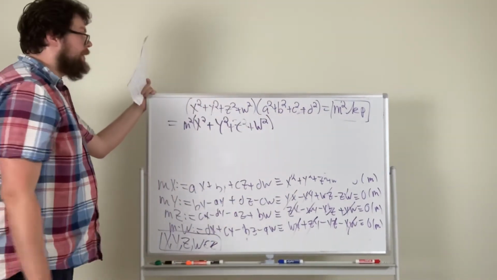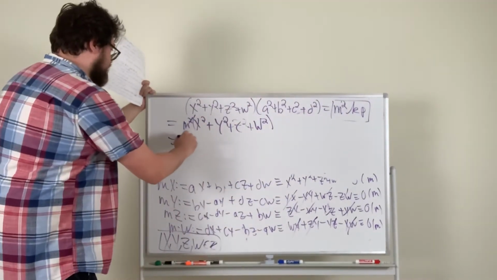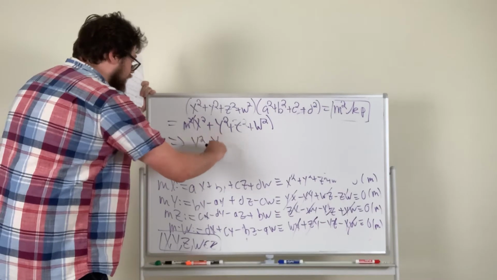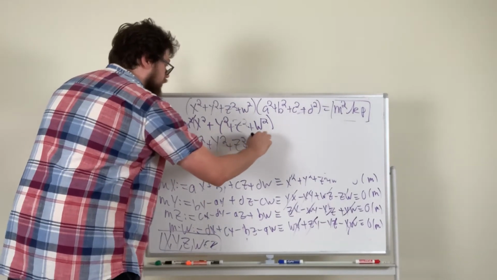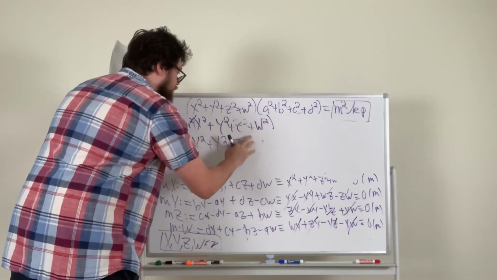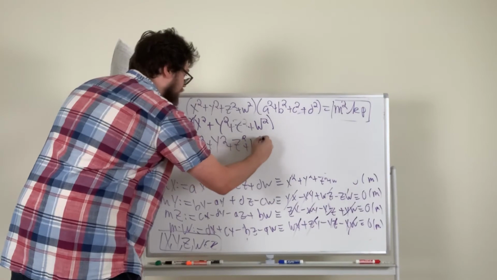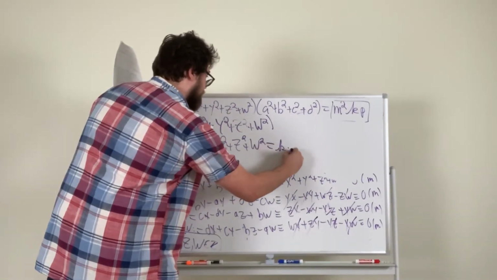Okay? So I can cancel the m squareds on both sides is the point. And therefore, the sum of the squares of these capital letters, well, this is capital, dang it, capital W. I messed that one up again. Okay. Capital W squared is equal to k times p. Right?